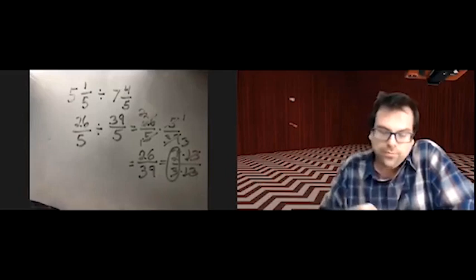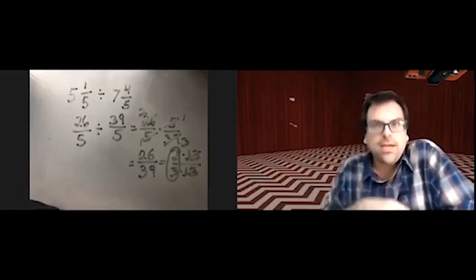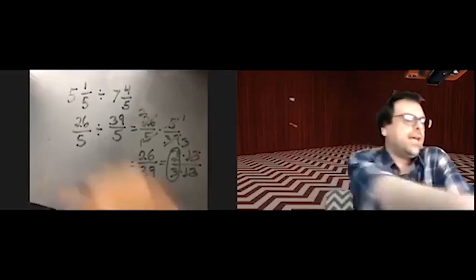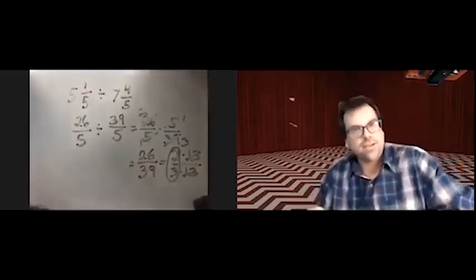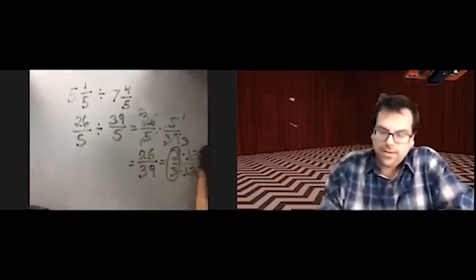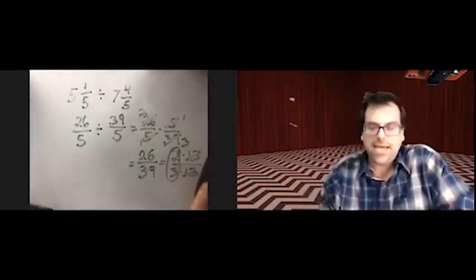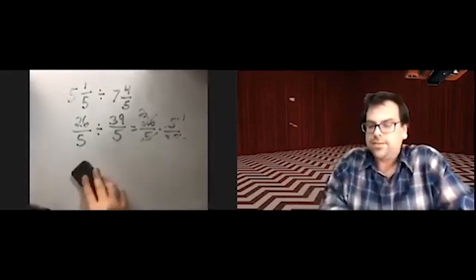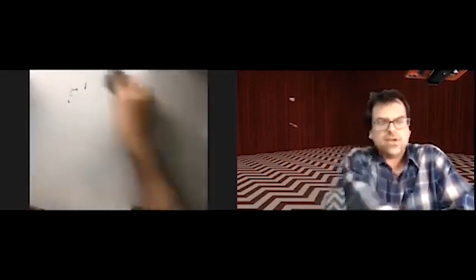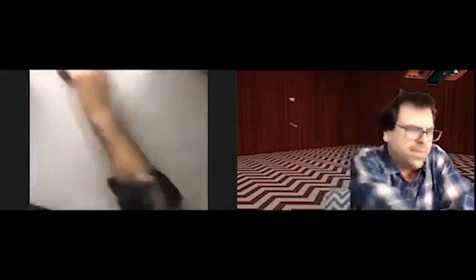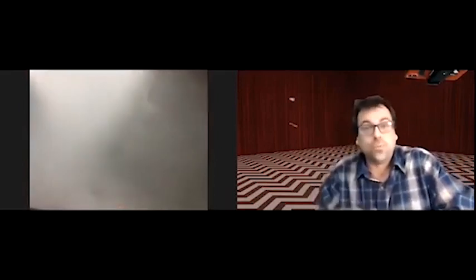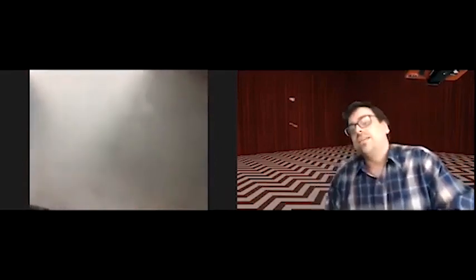In the homework, if you would have put in 26 over 39, it would have given you a message, not that dreaded red incorrect. It'd be more like a yellow, and it might say, your answer is equivalent to the correct answer, but not in proper final form. And that's telling you, hey, all the work you've done so far is right. You just need to go further.